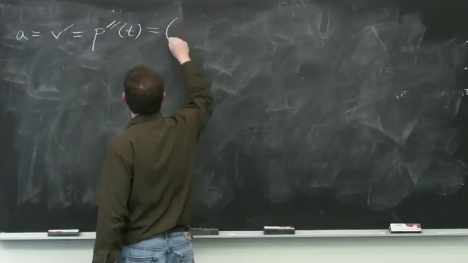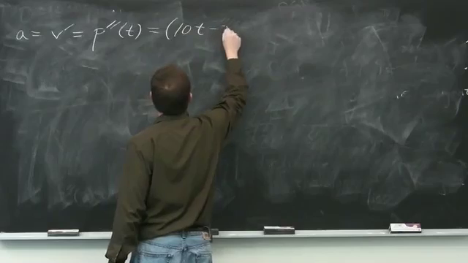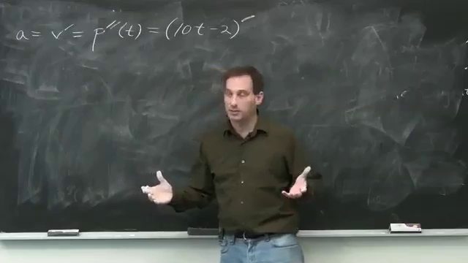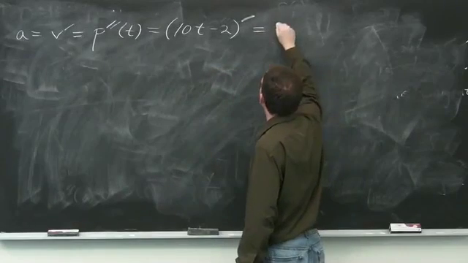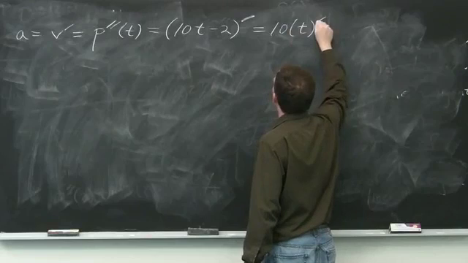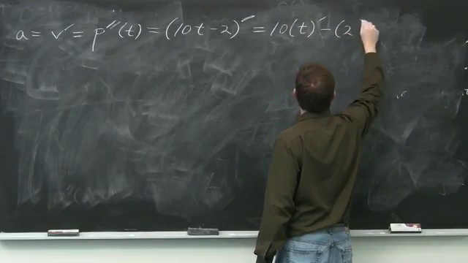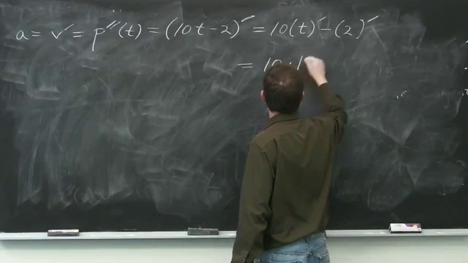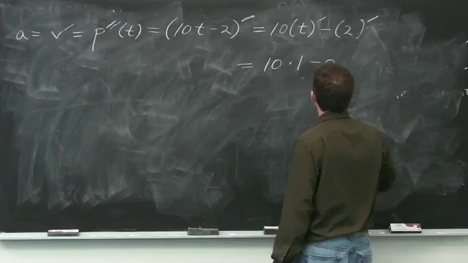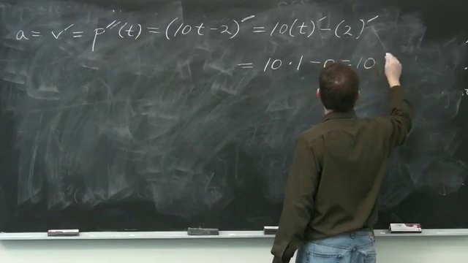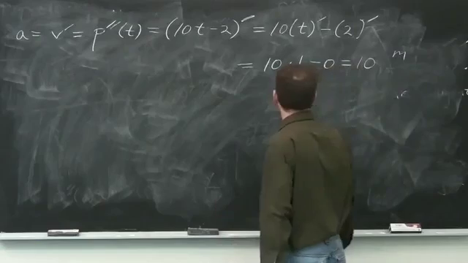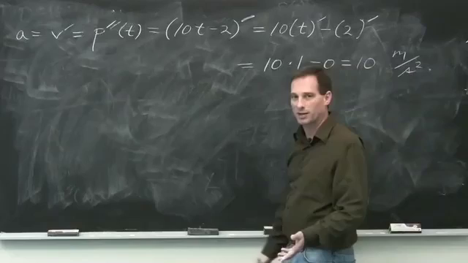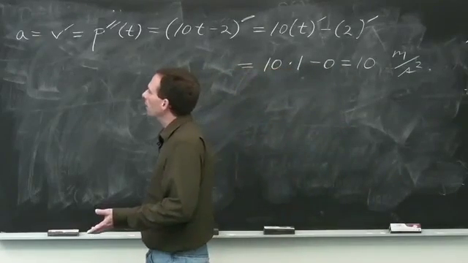So it is the derivative of 10t minus 2. Again, you split up sums and differences, you pull out constants, you get 10 times the derivative of t minus the derivative of 2. The derivative of t is still just 1. The derivative of 2, that's a constant. It's 0, so this is 10 meters per second per second. I guess I will write meters per second squared, but really physically meters per second per second.